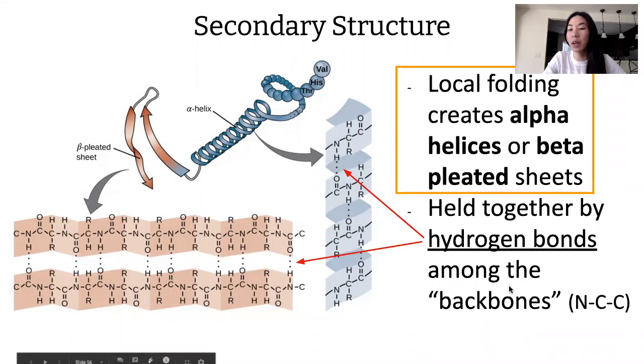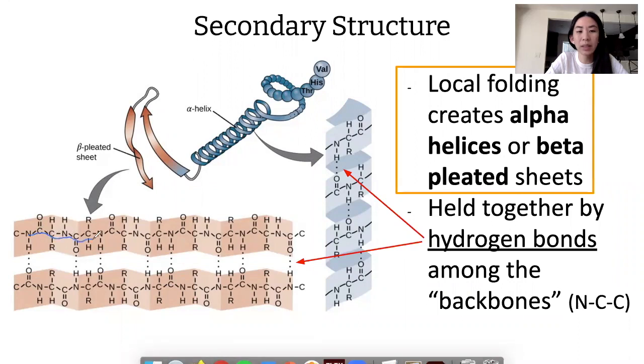Now, when I said among the backbones, if you look here, you can see this pattern NCC. You see how it just keeps going NCC, NCC. So this is a backbone that I'm highlighting. This is one strand, and then this is another strand, NCC. And the hydrogen bonds form between a hydrogen of one and an oxygen of another.